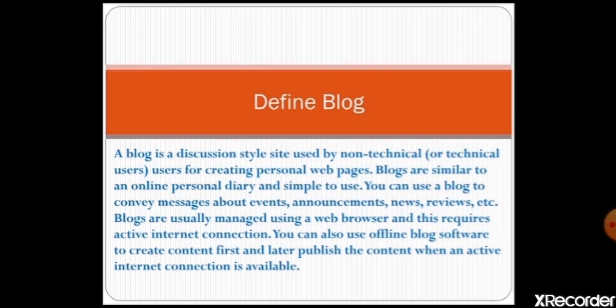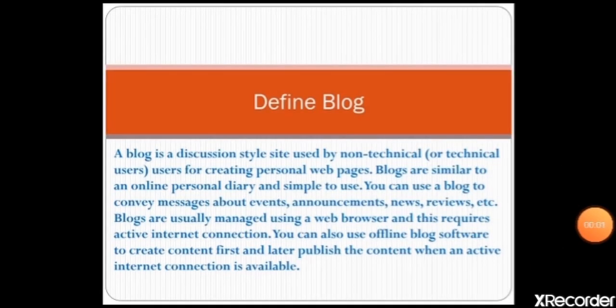You can use a blog to convey messages about events, announcements, news, or reviews. Blogs are usually managed using a web browser, and this requires what? An active internet connection. You can also use offline blog software to create content first and later publish it when an active internet connection is available.